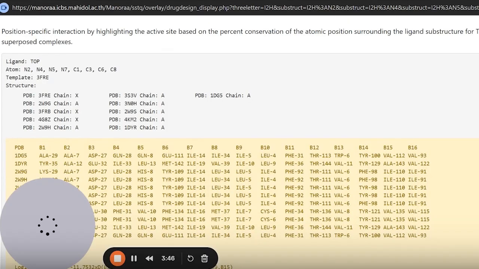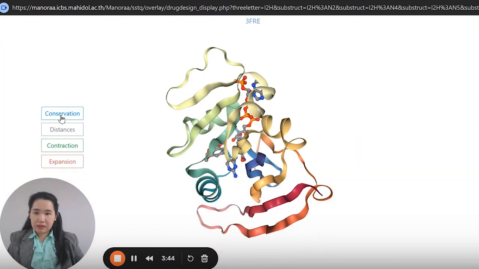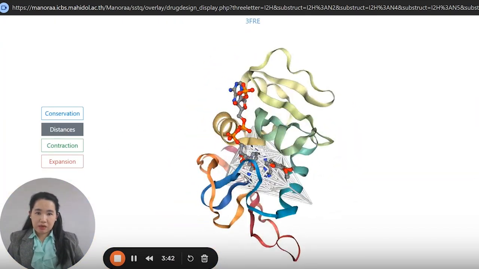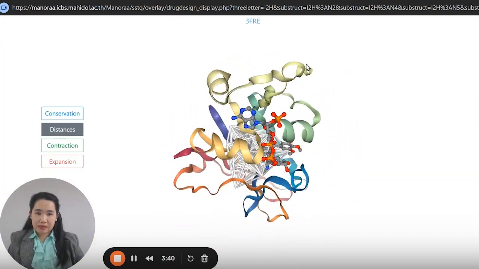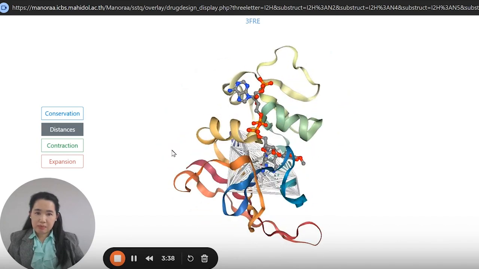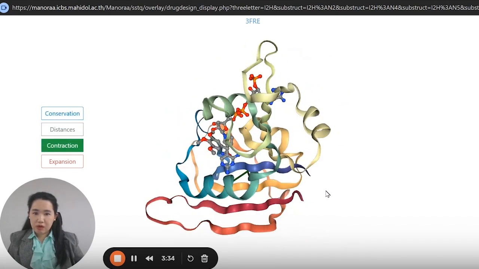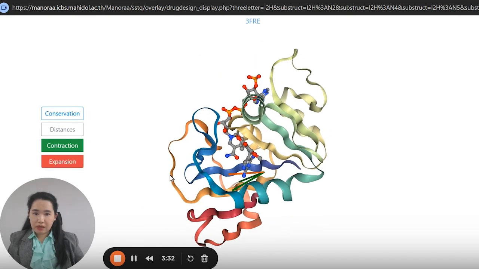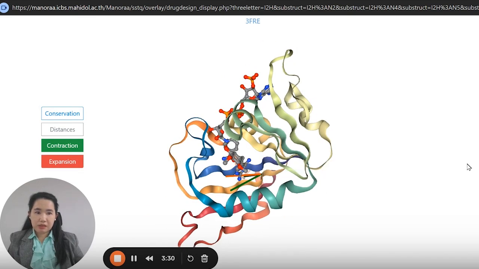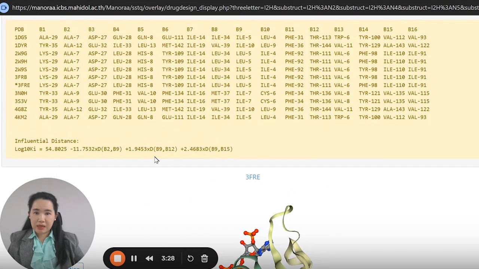And we can do drug design, and again you can see that we can extract the distance that affects the binding affinity, and you can see this distance with leucine 5 again at this point, which affects the binding affinity.